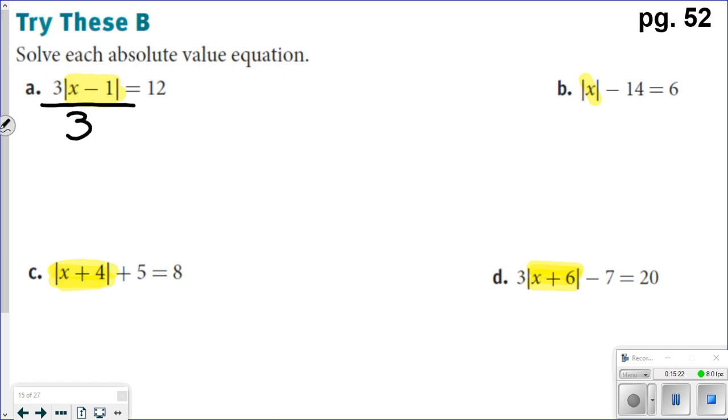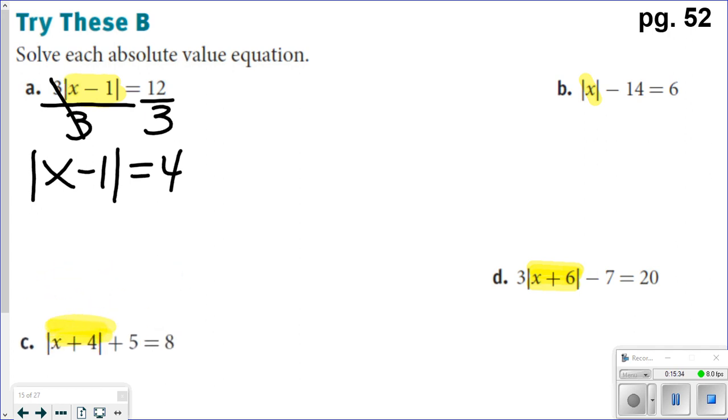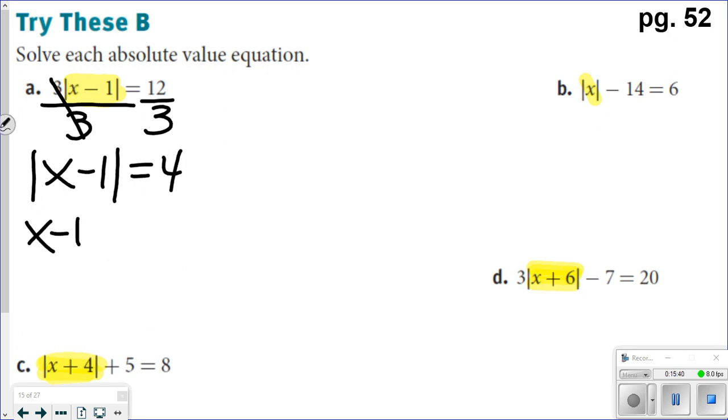So divide both sides by 3. X minus 1 equals 4. Now from here, we set up our 2 equations and we solve. So my first equation would be x minus 1 equals 4. The second one is x minus 1 equals negative 4.